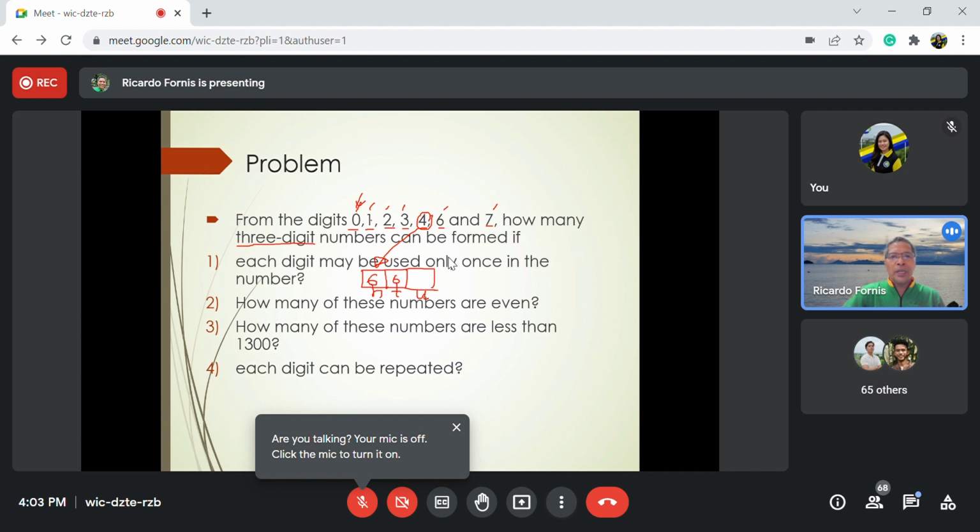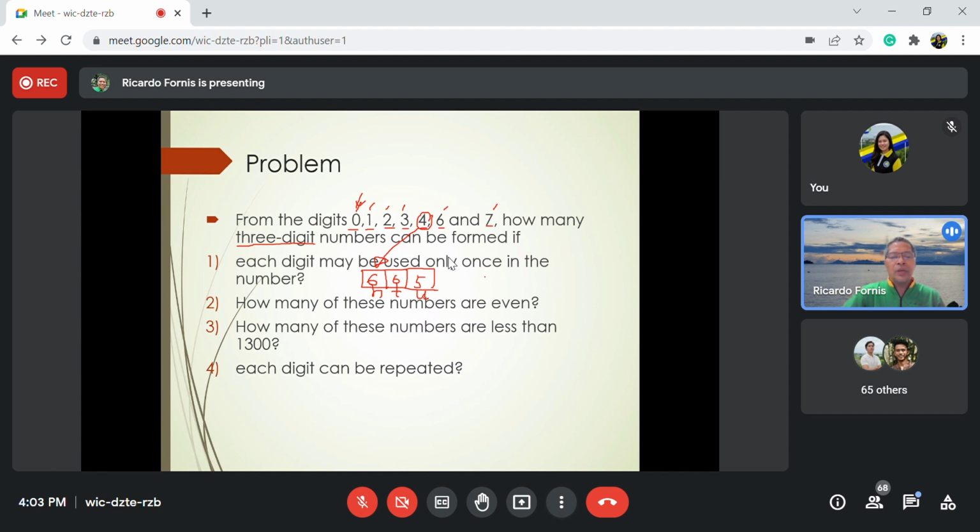So assuming 1 is assigned as the tens digit, then we still have 5 left to be the units digit. And therefore, in this particular case, there are 6 times 6 times 5 3-digit numbers you can possibly form. And when you say 6 times 5 times 6, is that 180? Yes, sir. Okay, good.